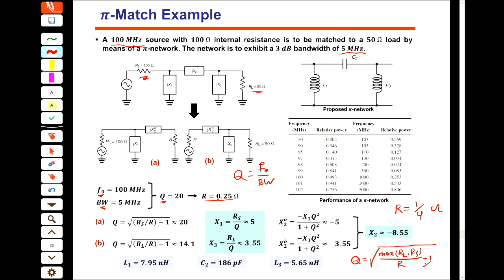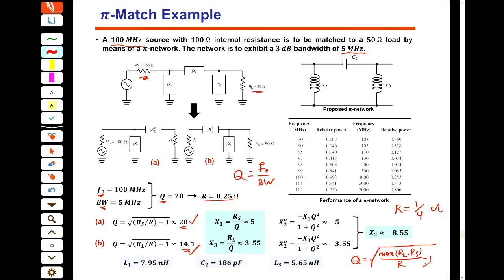And then if we put this R, we find that the Q factor for circuit 1 is 20 and for circuit 2 is 14.1. Okay, so definitely this one ensures that the bandwidth is 5 megahertz, and for the other the bandwidth is more than 5 megahertz. That's good.